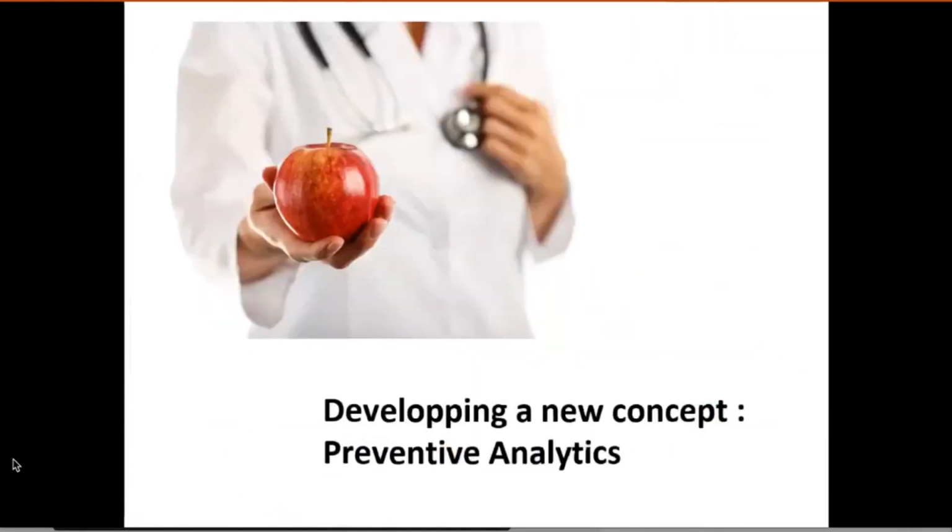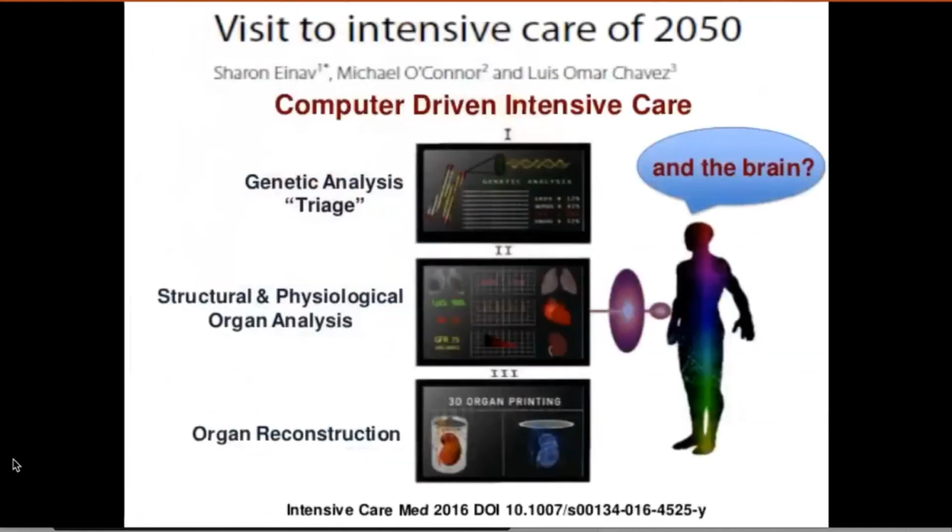But essentially, the visions of the ICU in the future are to augment the type of data that we have access to. I remember a paper published a couple of years ago that was really thinking outside the box about using genotyping at triage to better characterize our patients, maybe using some physiological organ analysis and potentially 3D organ reconstruction, which can very well happen.